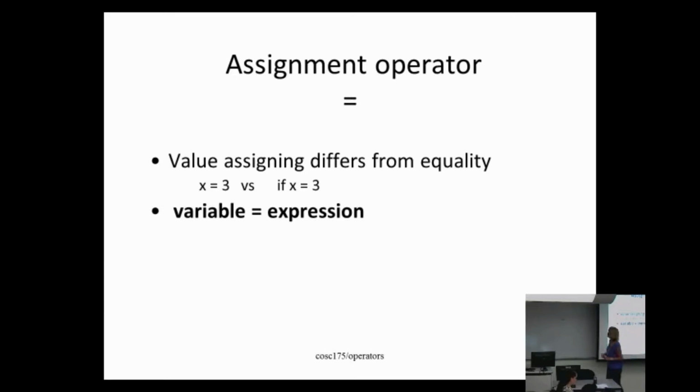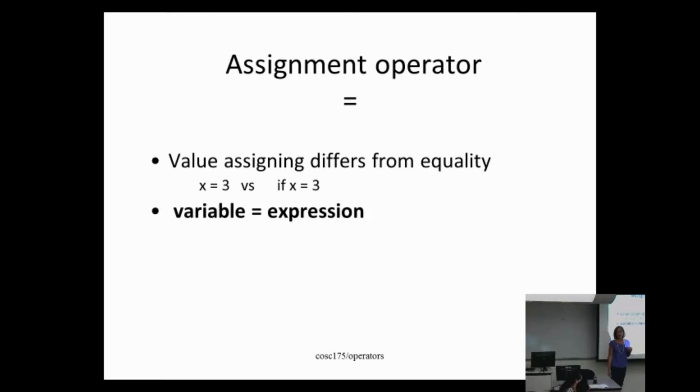Now, what I want you to look at with the assignment operator is this notation right here. So when we use the assignment operator, what has to be on the left-hand side? A variable, only a variable. Okay? So one single variable goes on the left-hand side of the assignment operator.